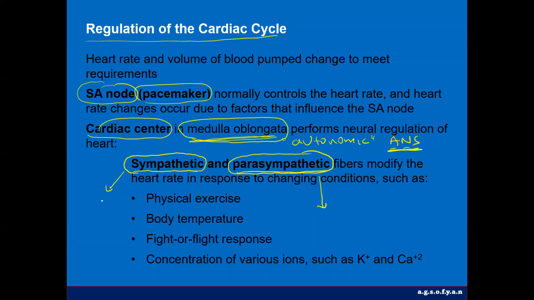During this time, our heart beating will be increasing, will be faster. So the parasympathetic will be slowing down the heart beating, and the sympathetic will be increasing the heart beating. So these two are the ones that control our cardiac muscle cycle.